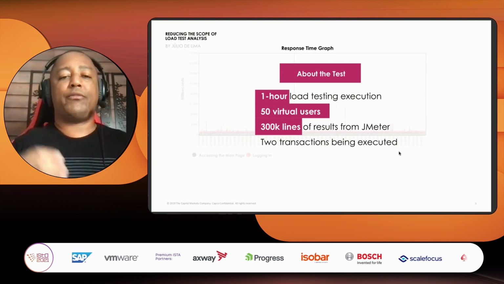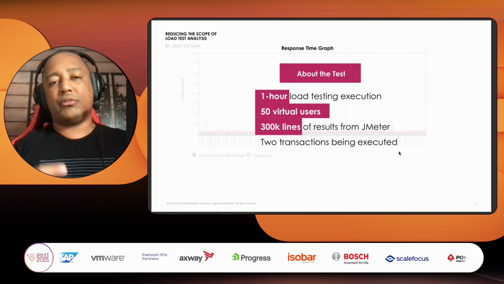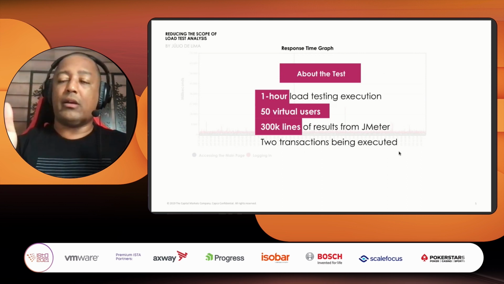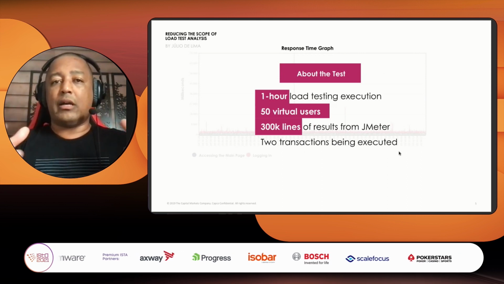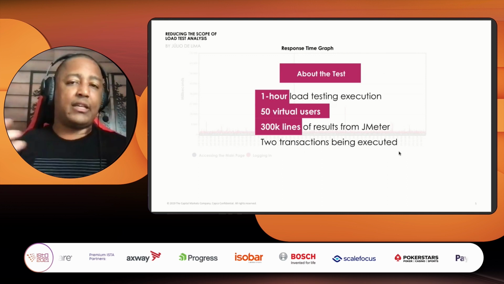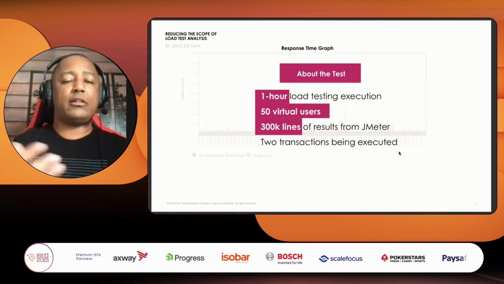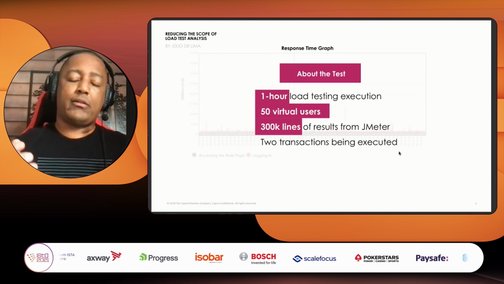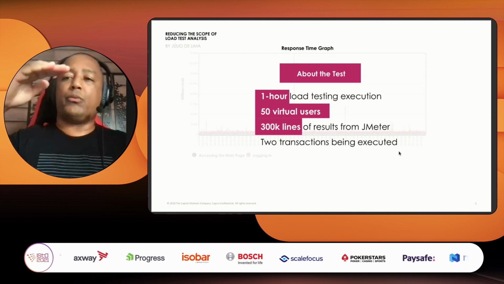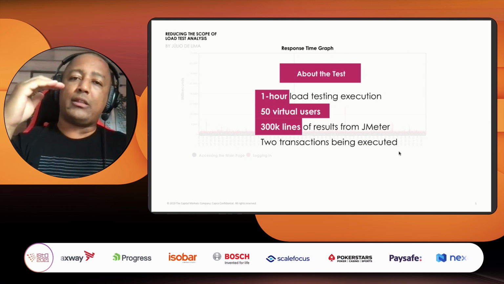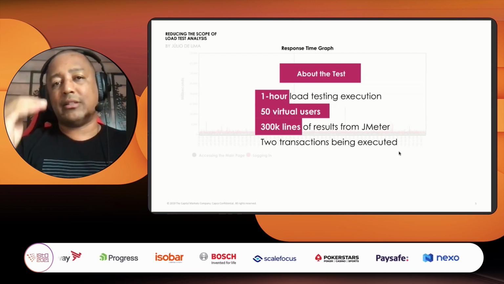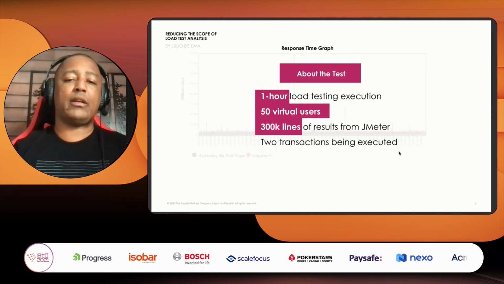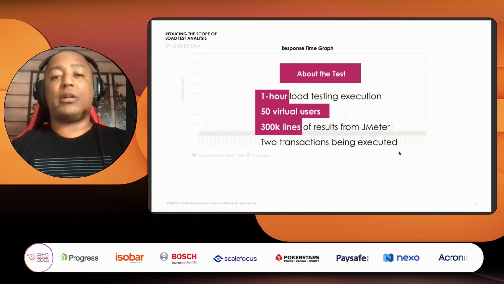I used 50 virtual users during this test, and when the 1 hour ended, I got one CSV file from JMeter, a well-known load testing tool, that has more than 300,000 lines. Analyzing this is pretty painful, right? Just 2 transactions were executed.